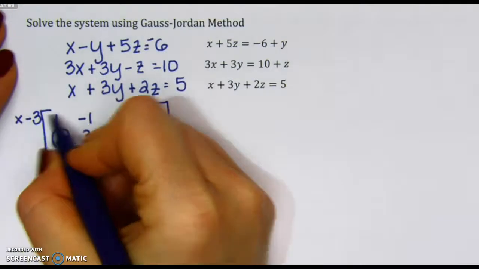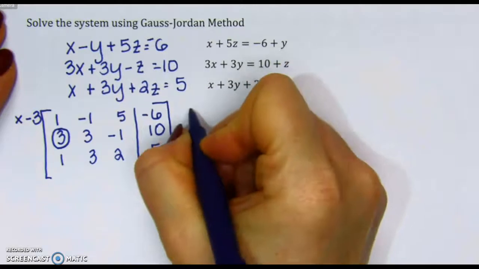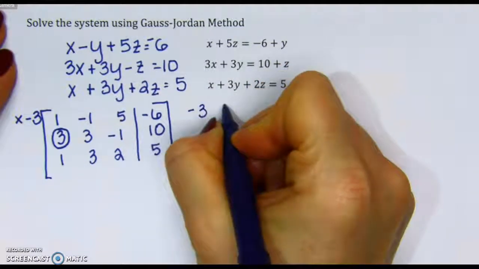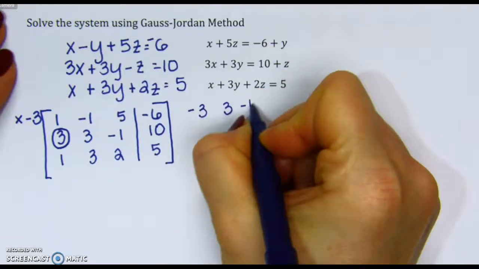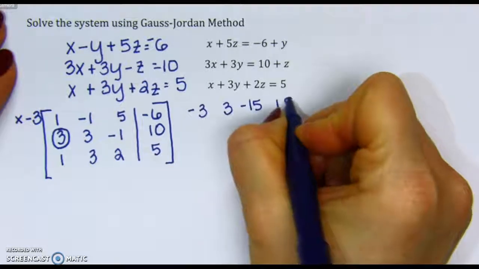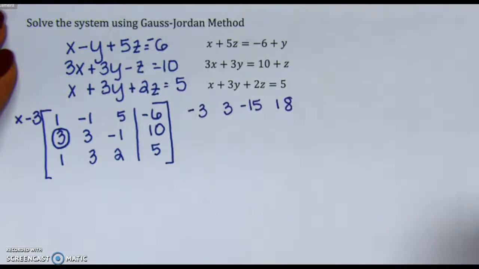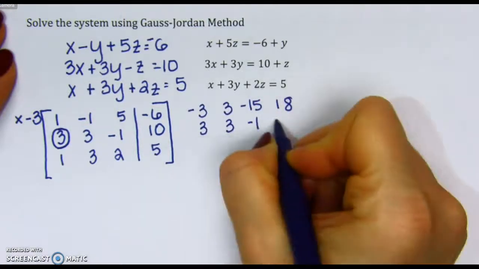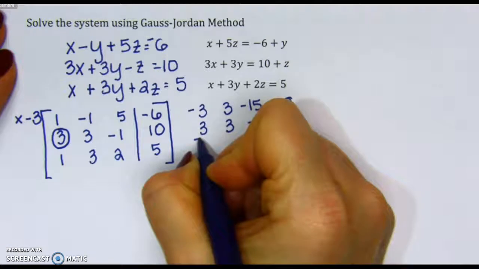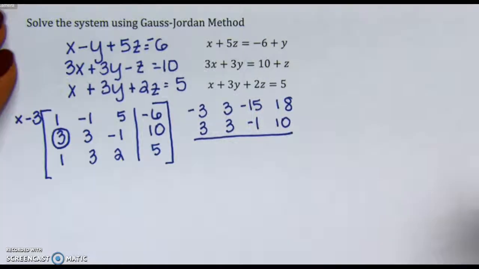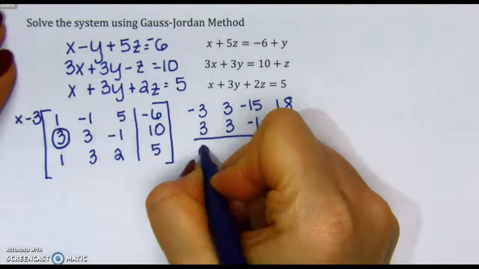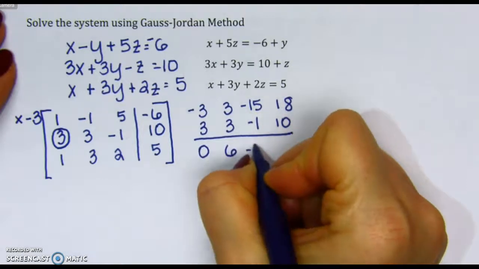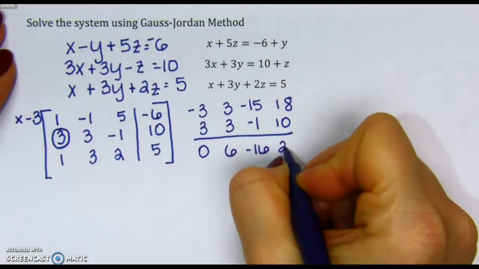So when I multiply my top row by -3, I end up with -3, +3, -15, +18. We're not multiplying the middle row by anything, so I just recopy it down. And if you can add these in your head, that's awesome. I just like to show our work. Okay.